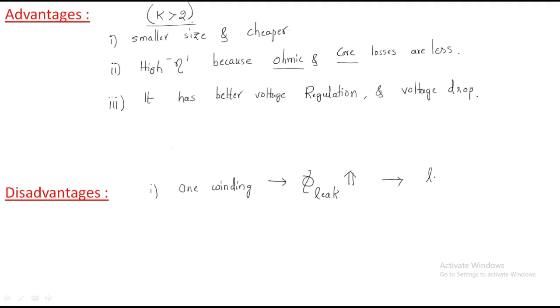That's why it has low reactance, and due to that it will suffer severe short circuit faults whenever it gets some problems, right? Another disadvantage is that the transformation ratio must always be more than 2.